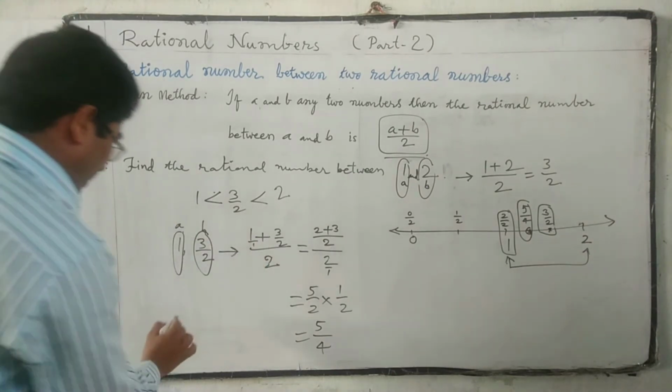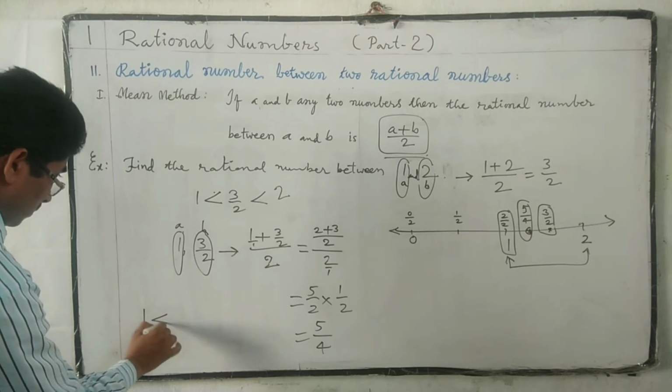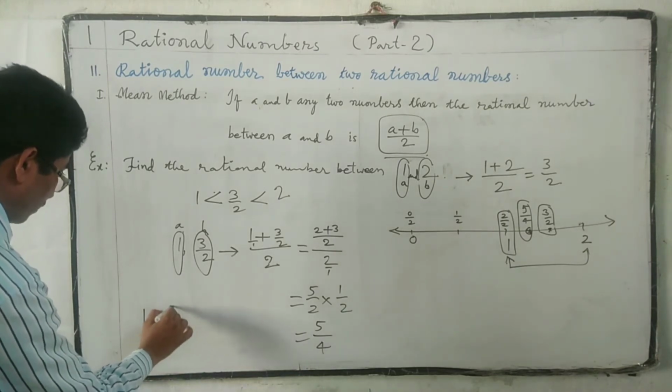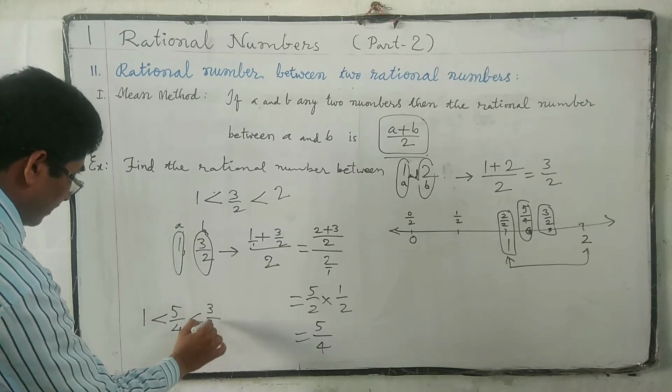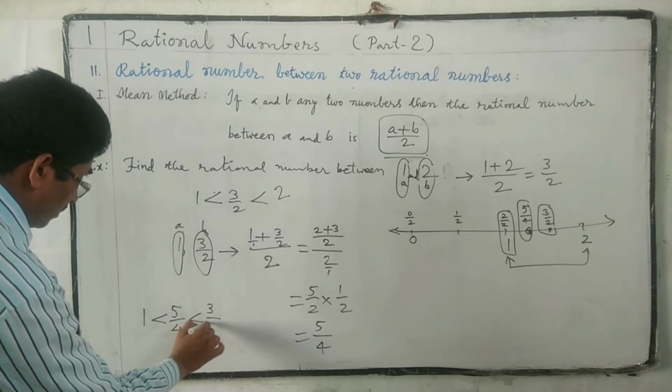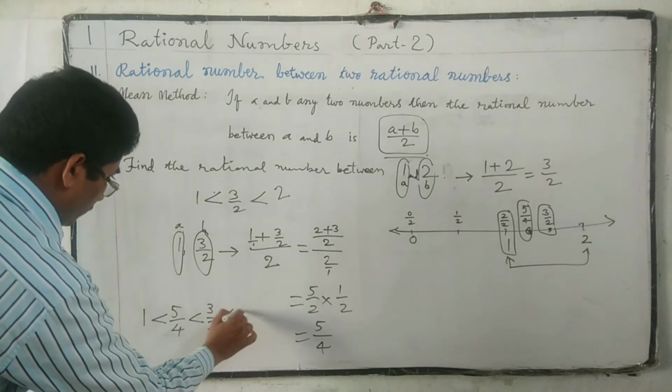Between 1 and 2 we have 3 by 2, and between 1 and 3 by 2 we have 5 by 4. These two are in between.